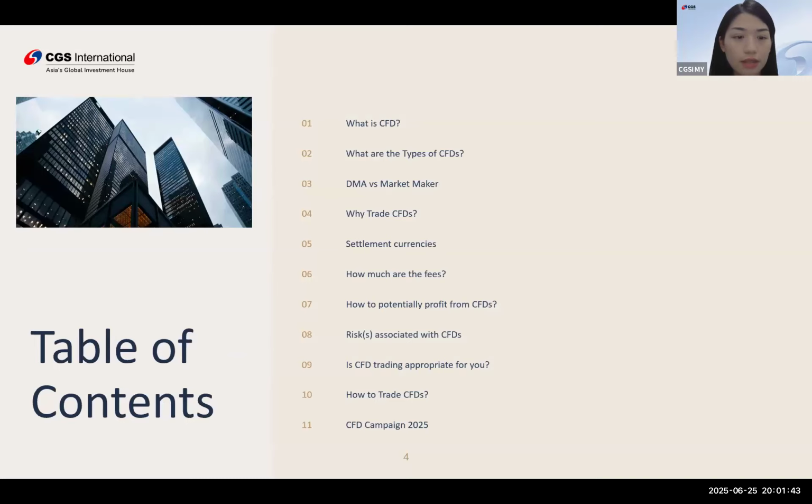Okay, so these are the topics that we are going to cover today. We will share the basic information of CFD, like what is CFD and the types of CFD, and our business model, DMA versus market maker. And then you might wonder why trade CFD and the settlement currency.